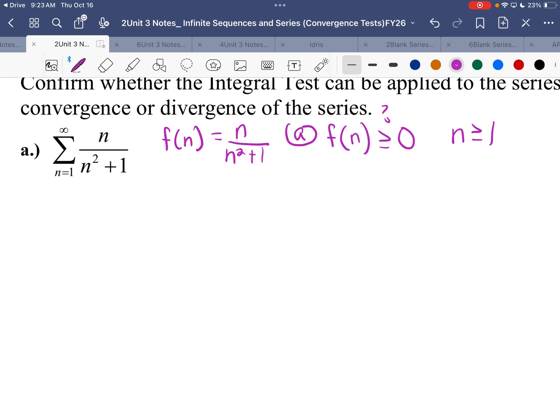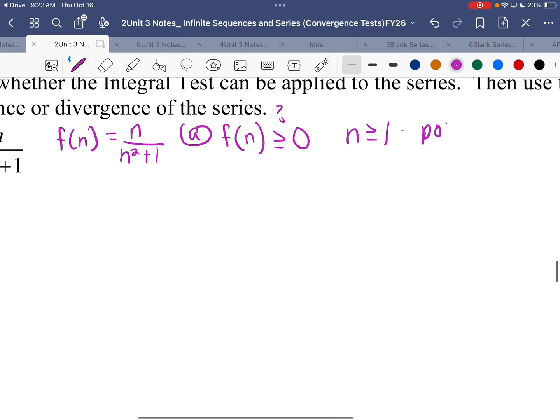Would any number make n over n squared plus 1 when n is 1 or bigger be negative? No, so it is positive. Yippee. The only numbers that are going to make this negative is if I had a negative in the numerator, but we're only plugging in positive numbers, so I couldn't make the numerator negative.